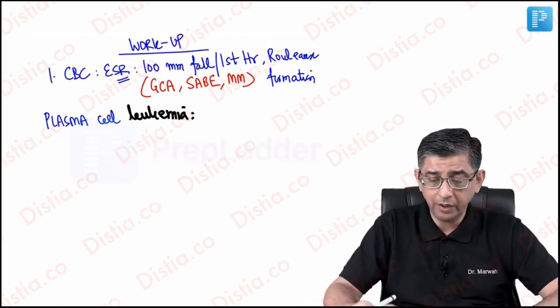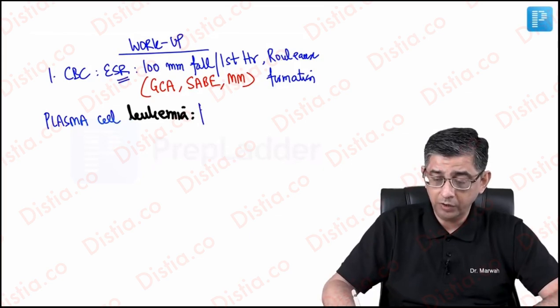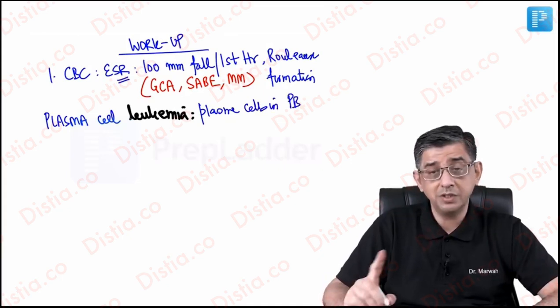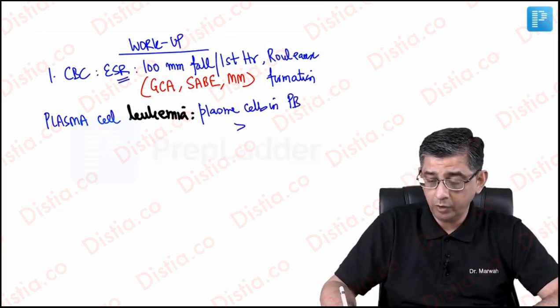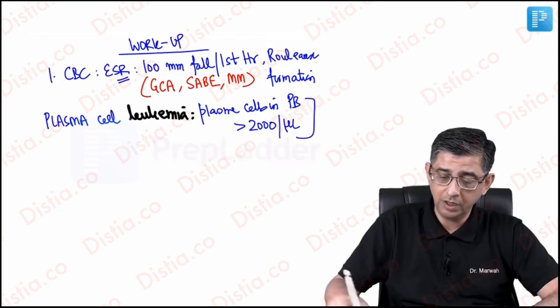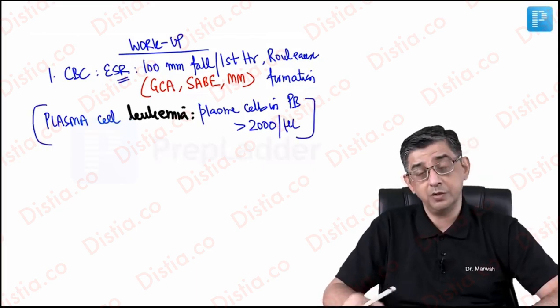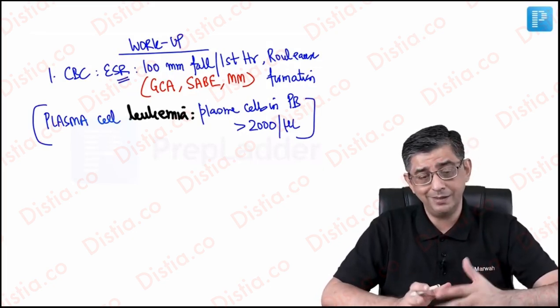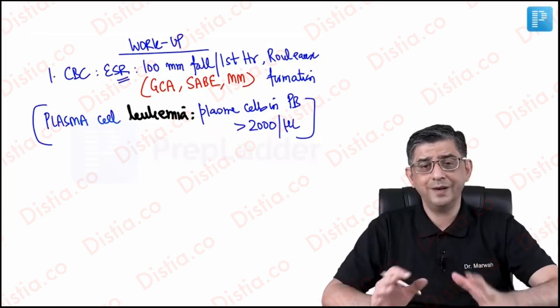So when you read regarding plasma cell leukemia, he will ask you about the definition. Your answer would be that if the plasma cells, and listen to this cutoff carefully, plasma cells in the peripheral blood, if there are more than 2000 such documented per microliter, you will say that this chap is suffering from plasma cell leukemia, which is one step above multiple myeloma. The disease has now gone into an ultra aggressive mode.